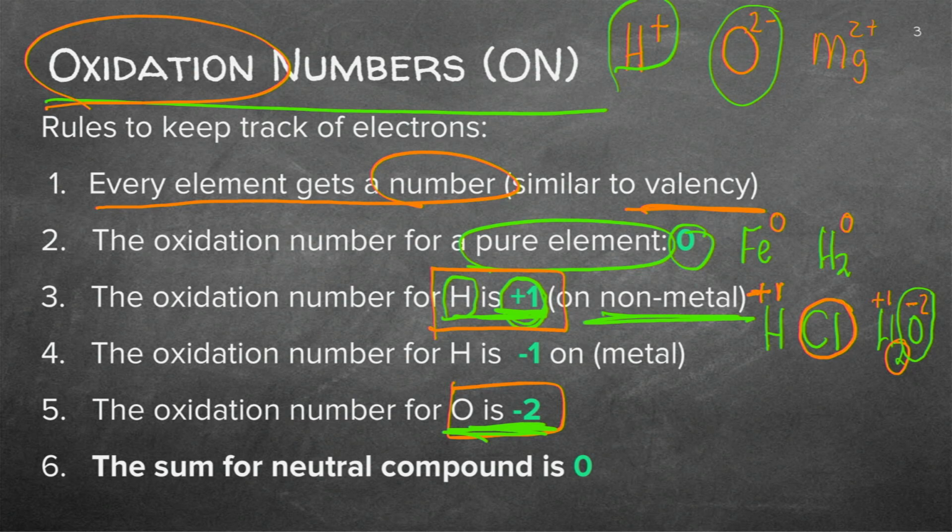Important, there is an exception: if a hydrogen is bonded to a metal, it will then be -1. So let's say I've got hydrogen bonded to a metal, for instance magnesium. Magnesium is +2, therefore only in that case, hydrogen will be -1.